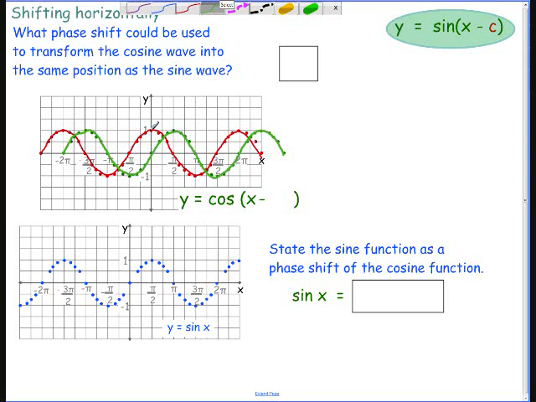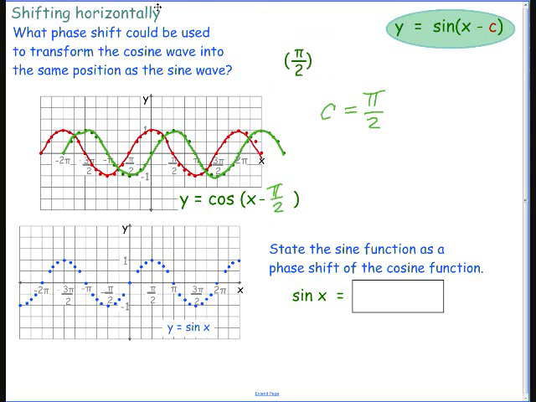Well, here was my peak right at 0, and now it's over here. So that was a shift of, our C is positive pi over 2, positive 90 degrees. So I'm going to subtract that from x. It's going to be x minus pi over 2 for my input to cosine.